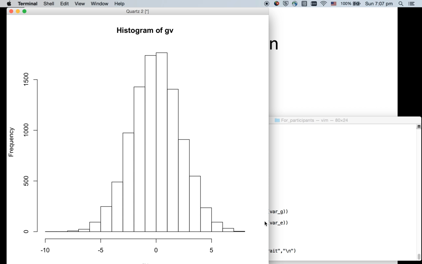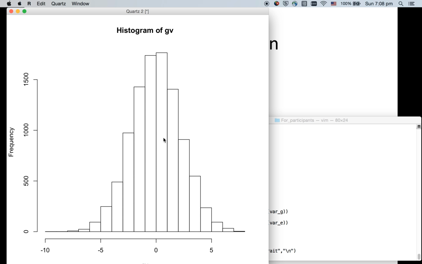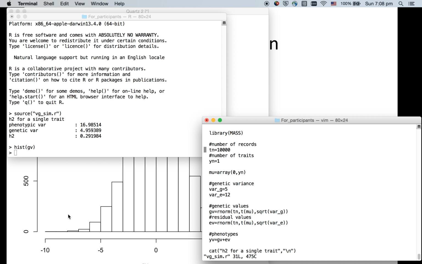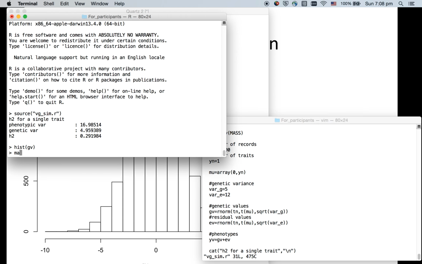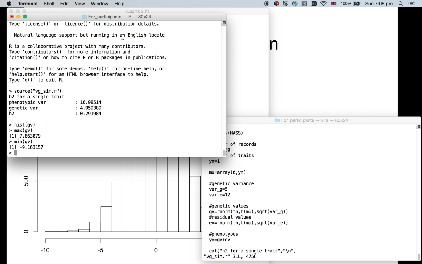Also, the genetic variance we simulated is 5, so around 5 is one standard deviation, as I showed in the lecture. This is the distribution of the values. Okay, so the answer is the maximum genetic value is 7.8 and the minimum is -9.